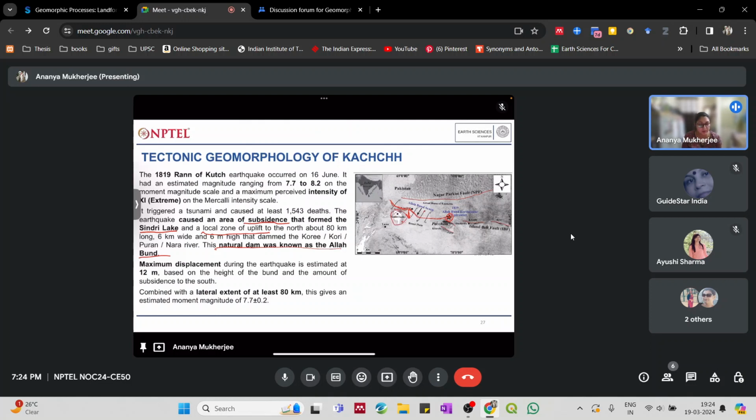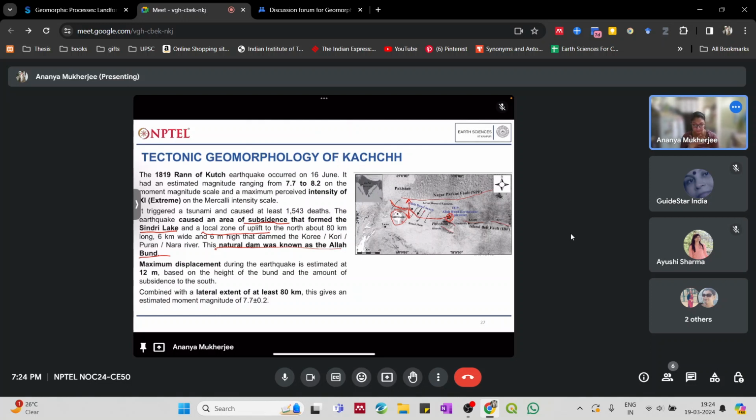the northern part of the scarp got uplifted, and the river that was flowing in the northern part of this area got dammed because of the development of the scarp.